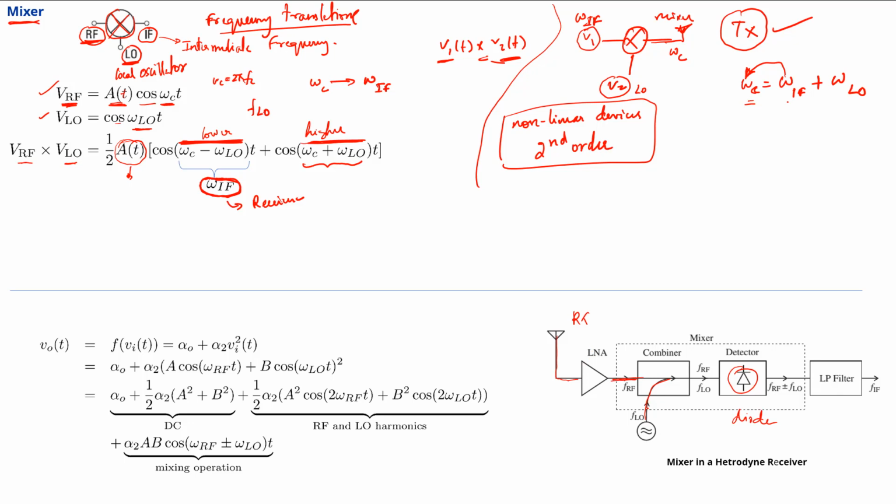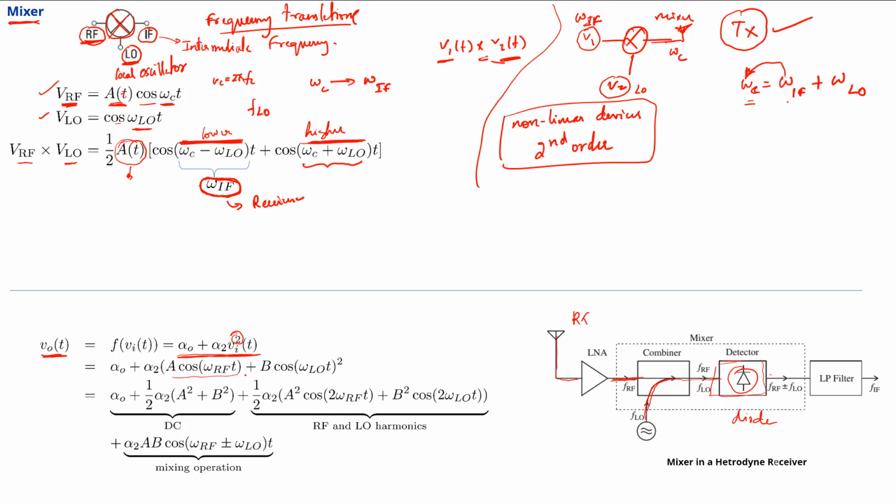The RF signal and the local oscillator are added together, and then fed into any device having a square law behavior. For example, the output of this detector, being a diode, has second order nonlinearity, which means the output is the square of the input voltage.